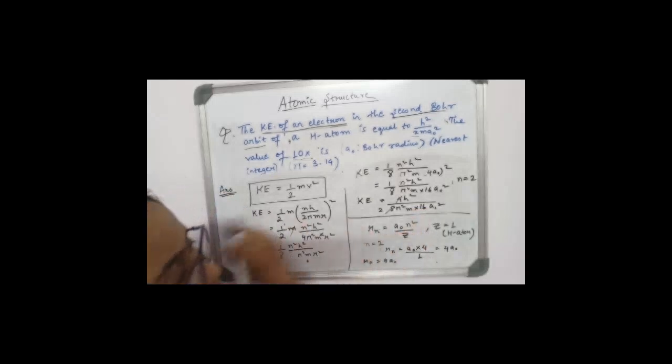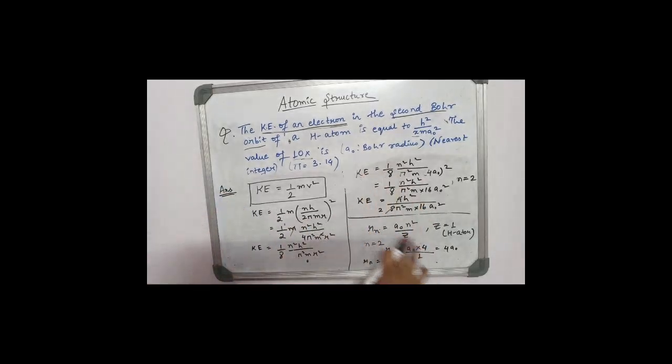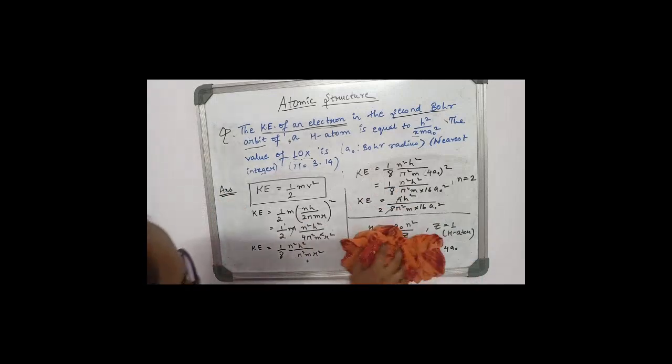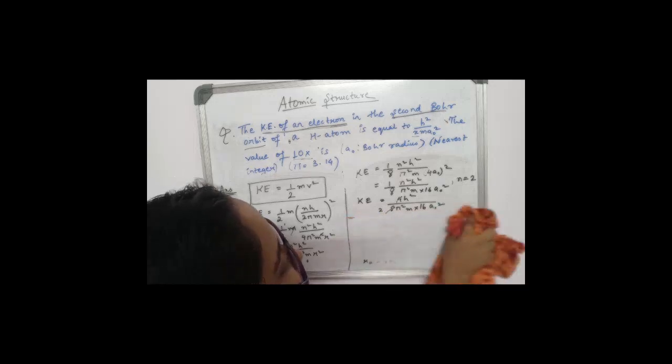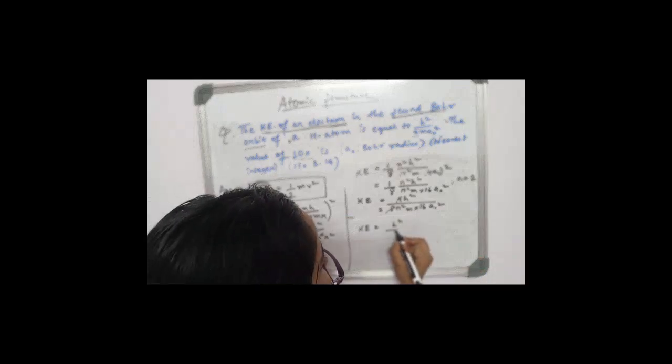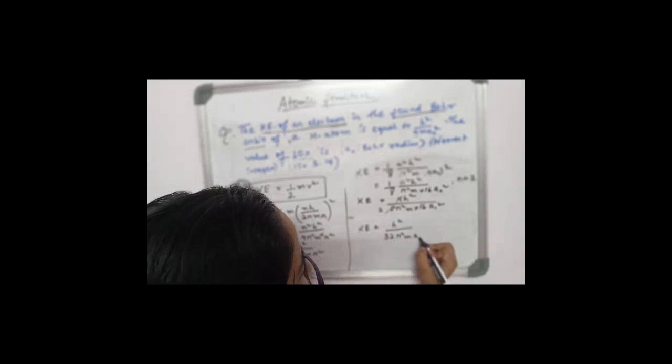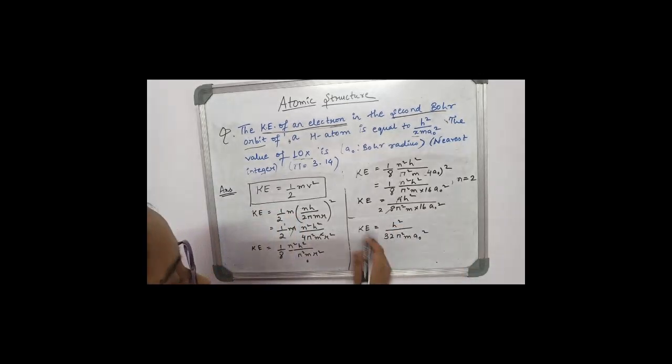See, we start from the basic equations and then we arrive at this main equation. So let me knock this part out to continue. The final kinetic energy equation that we get is h square by 32 pi square m a0 square.